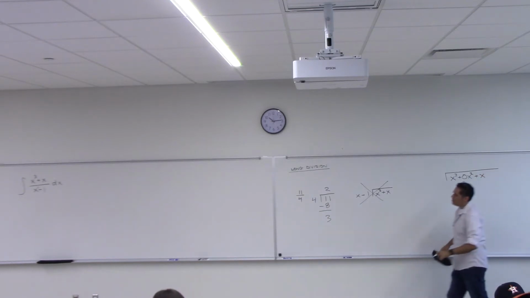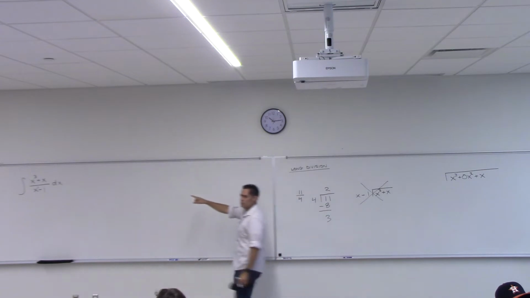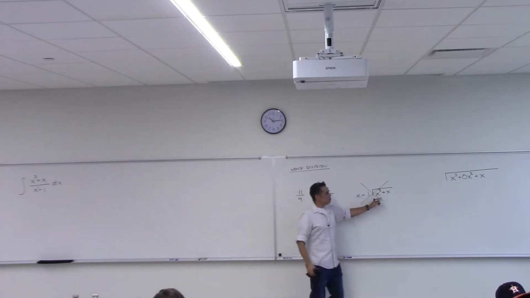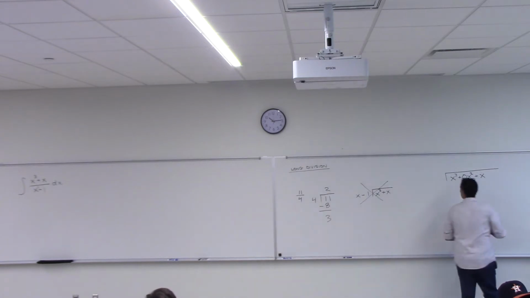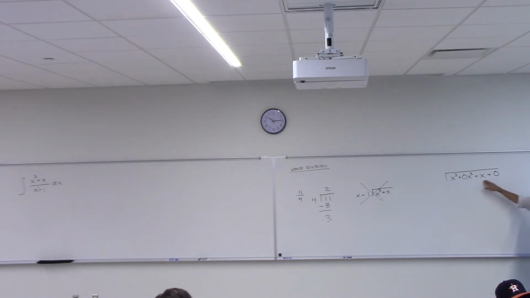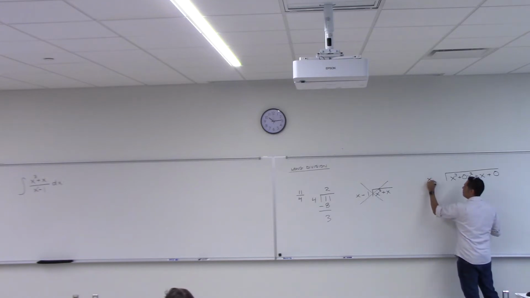Like we don't have an x squared term here, so I put 0x squared there. I also don't have a constant at the end, so I'm going to put 0 at the end. So that's my numerator. And then my divisor, the thing on the bottom, is out here.